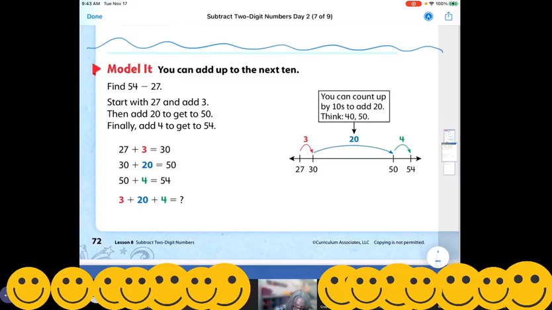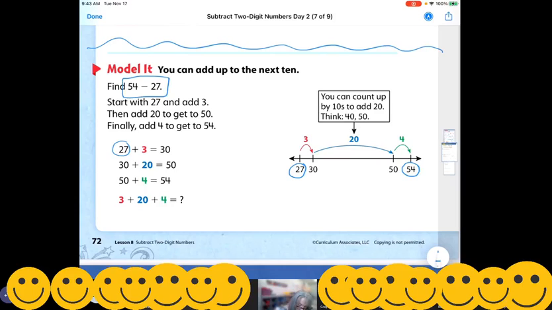So we start with 27, right, Cadence? 27 is where we start. Here it is. We're starting at 27, and we're going to end up at 54 because our original problem is 54 minus 27.